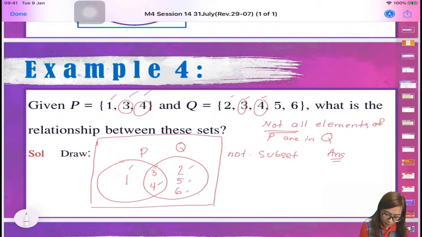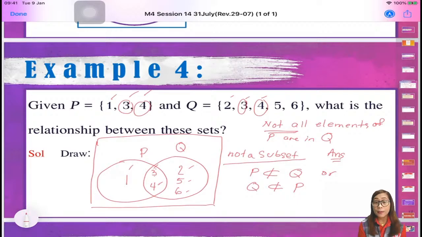So we can say P is not a subset of Q, or you can say Q is not a subset of P. So it's not a subset. The answer is not a subset, because not all elements of P are in Q, or not all elements of Q are in P. So this is an example of not a subset.